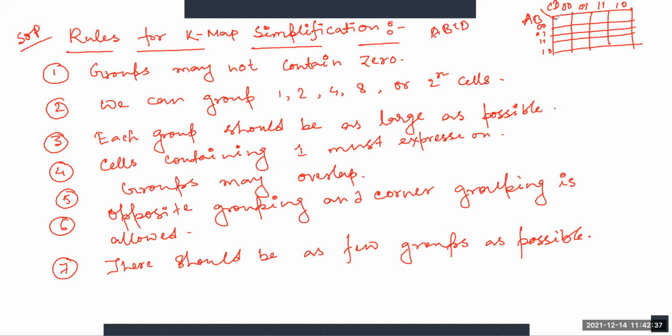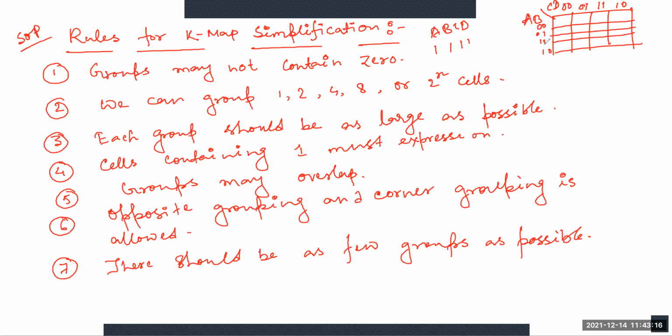So what block does ABCD indicate here? Third row, third column. Because for SOP, if there is no bar, it is 1, and this is 1, and this is 1, and this is 1.